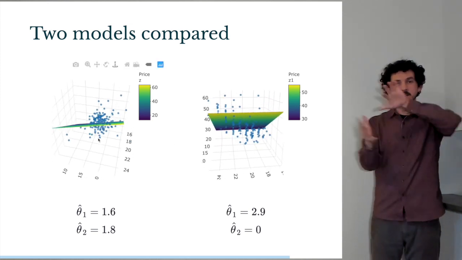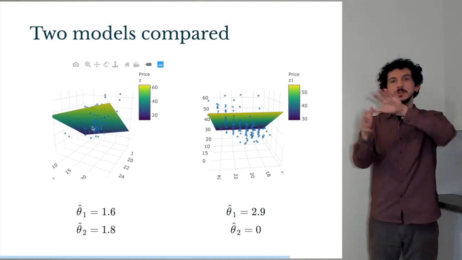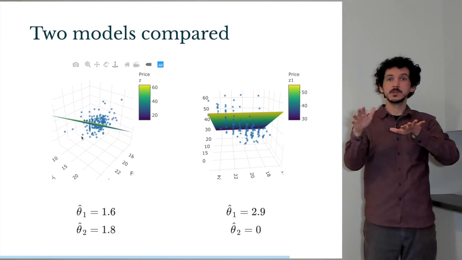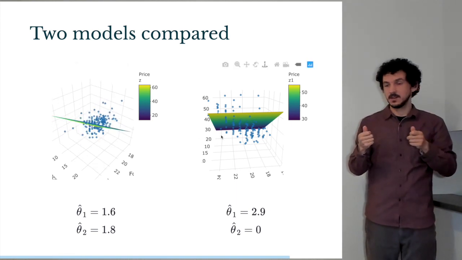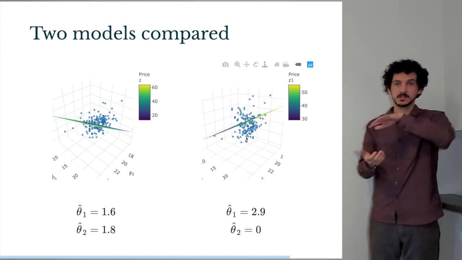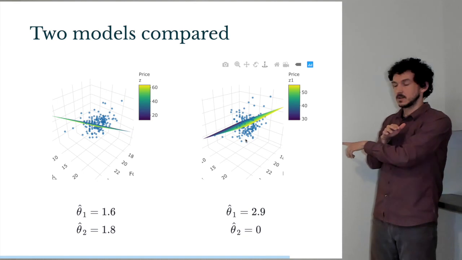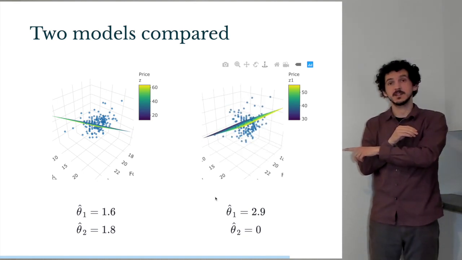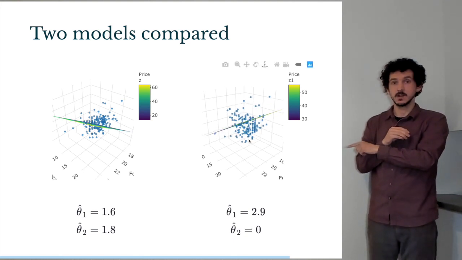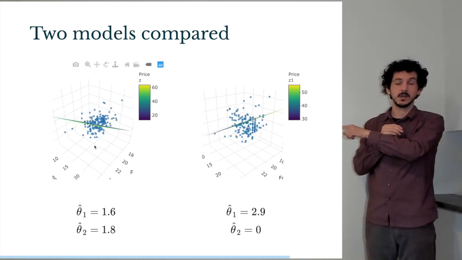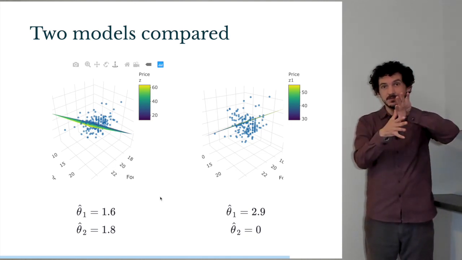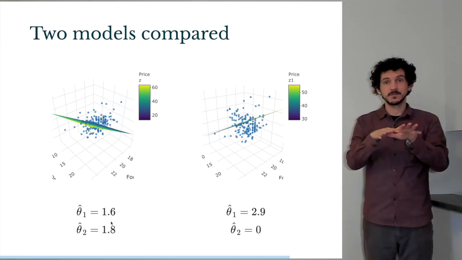That plot on the left, that plane can really tilt in two dimensions to find the particular plane that threads through the points in the way that lowers the mean squared error maximally. Now, we're giving it as one of its options this model here. So one of these tilts is the one where theta 2 hat is set to 0. Now it turns out that that one actually doesn't have a lower mean squared error than this one where we set theta 2 to 1.8. So since that's non-zero, we know that we must have decreased the mean squared error a bit, increased the R-squared.